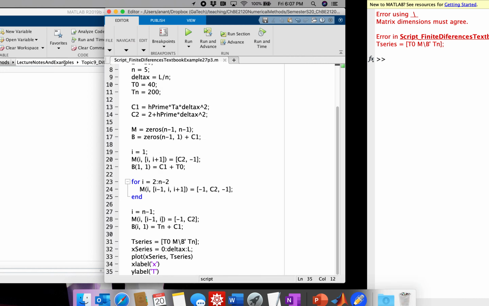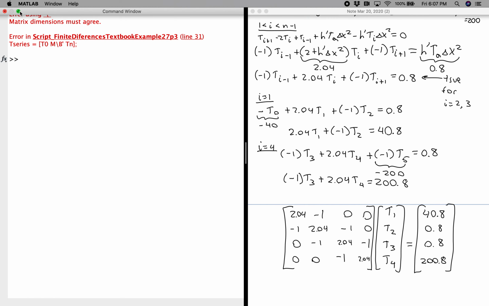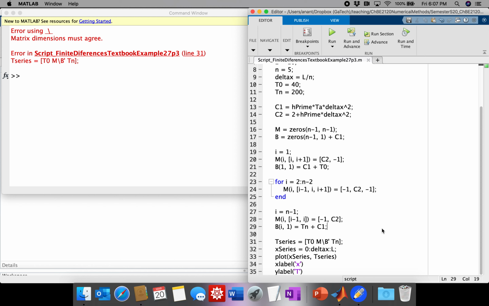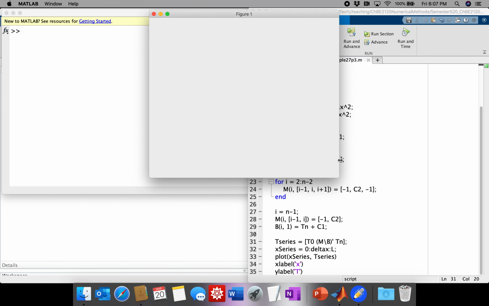Matrix dimensions must agree, so that's a problem. Let me see. Okay.